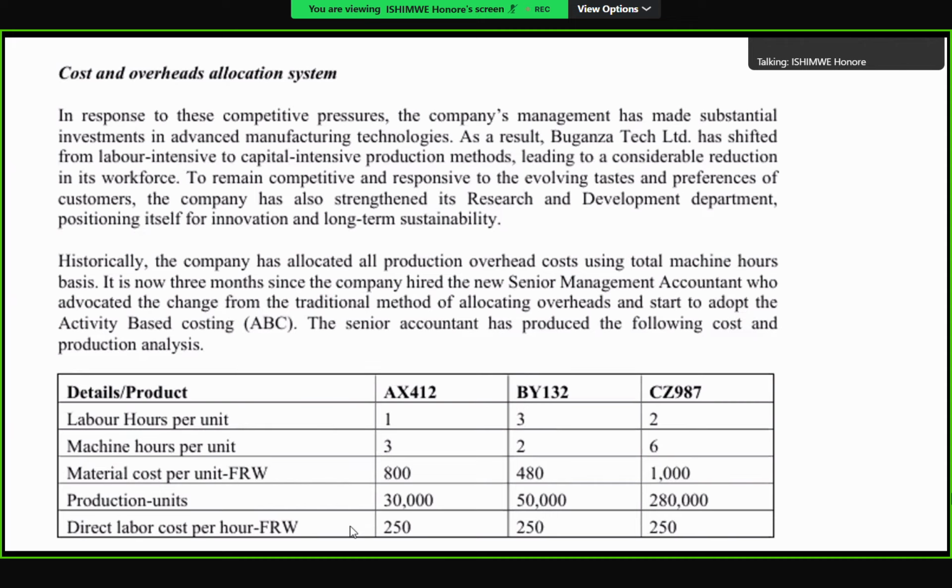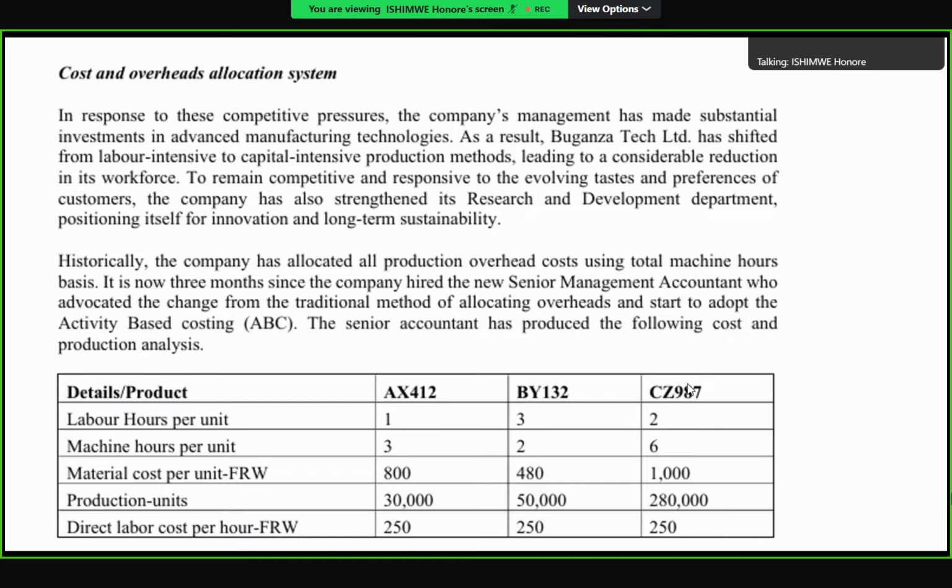These are money, and these are the units. You see, material cost per unit in francs here. This is machine hours 3, 2, and 6, and labor hours per unit: this is 1, this is 3, and this is 2. So our cost centers are AX, BY, and CZ. These are the products we are producing.